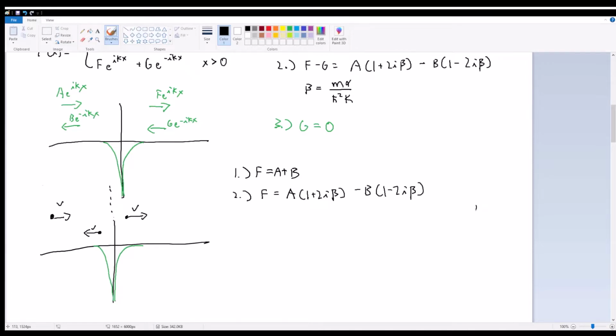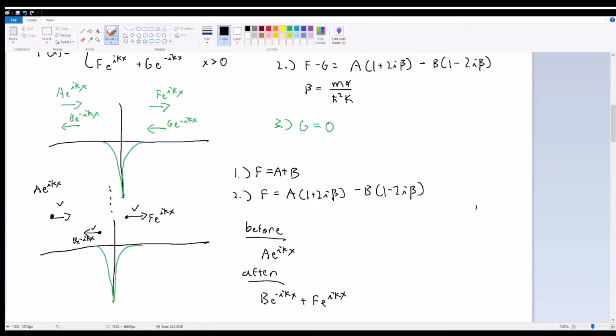Prior, we're defined purely in terms of A e^(ikx), the incoming particle. Afterwards, we're defined using B e^(-ikx) plus F e^(ikx).